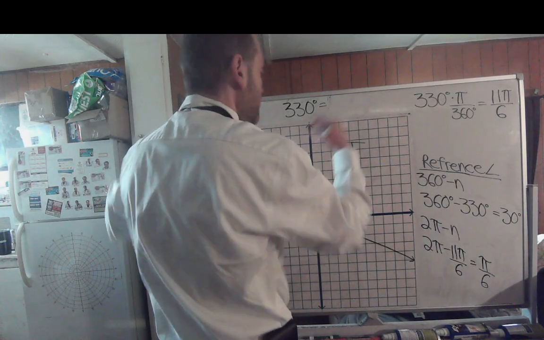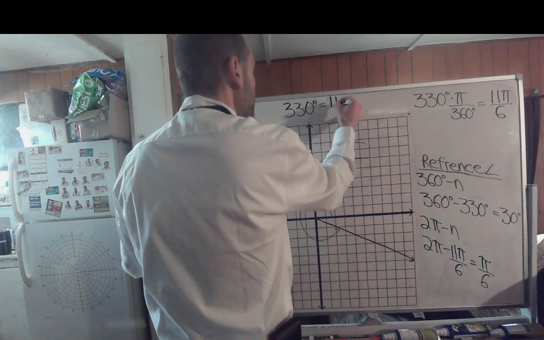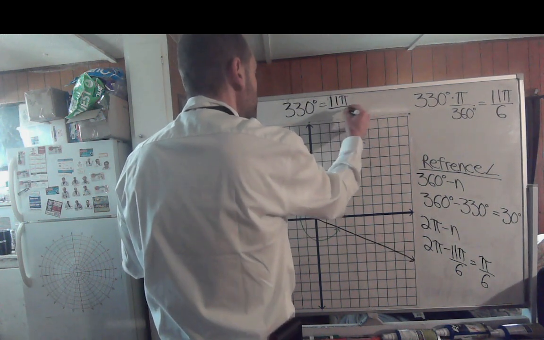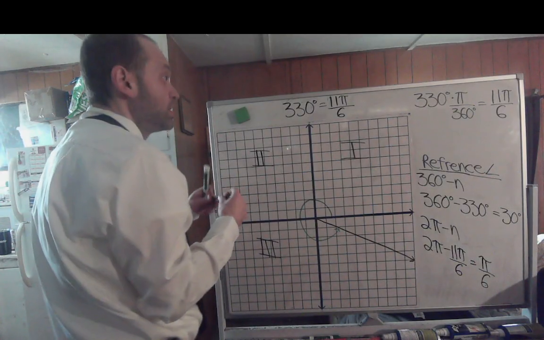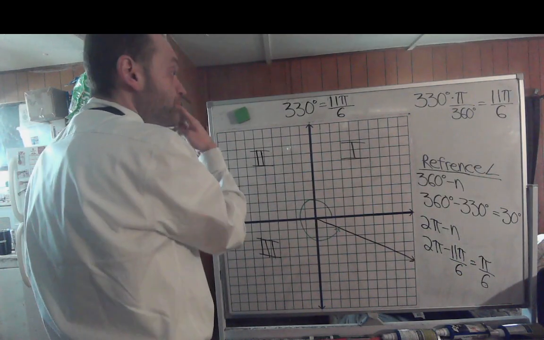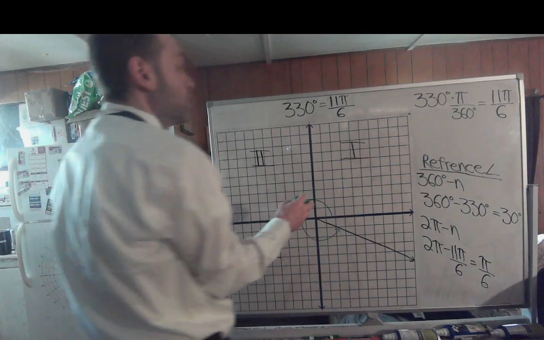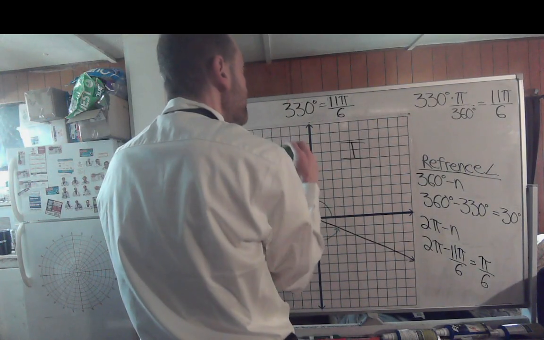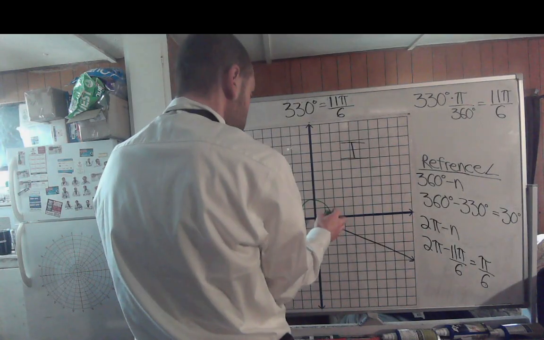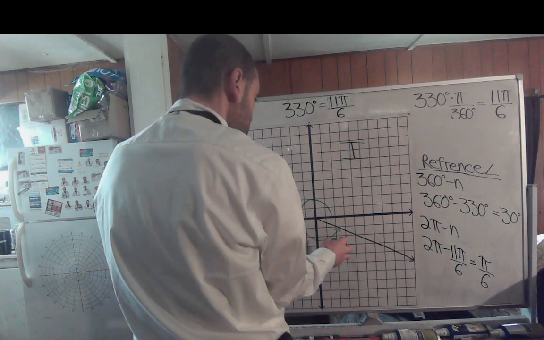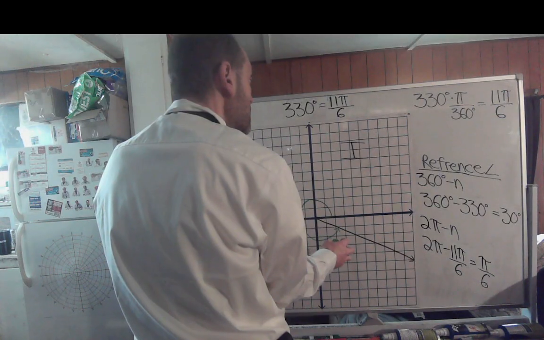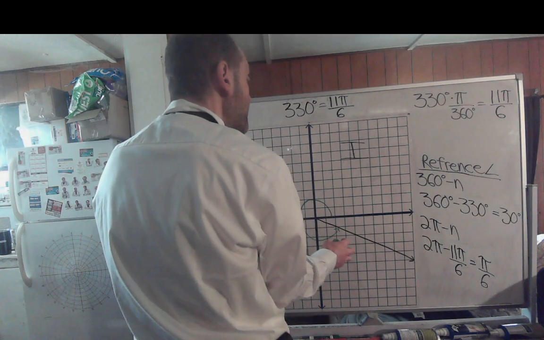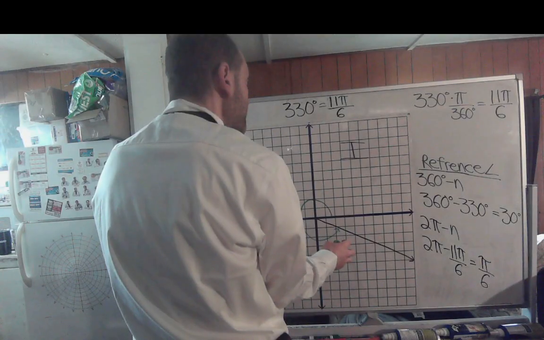Let's denote that it's going to be, of course, 11 pi over 6.